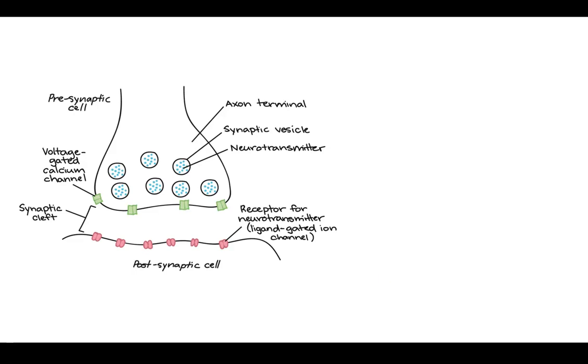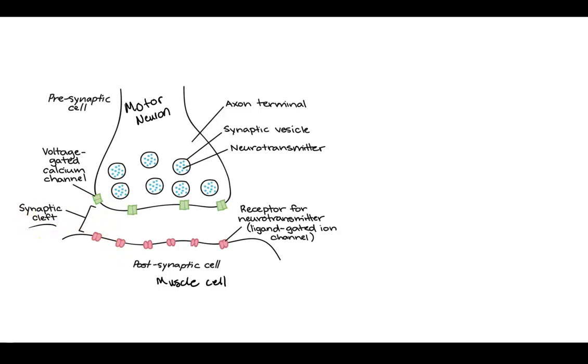So we have this diagram here, which has a motor neuron. And then we have a postsynaptic cell. This would be like the muscle cell. And the little gap in between the two cells is called the synaptic cleft.